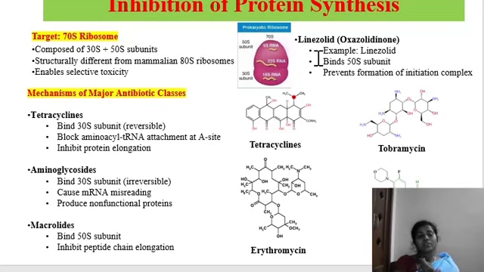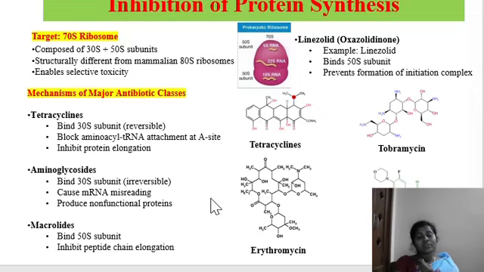Now, some of the examples are tetracyclines, aminoglycosides, macrolides, linezolid. All these are examples of protein synthesis inhibitors. When we talk about the tetracyclines and aminoglycosides, they bind with the 30S ribosomal unit in a reversible and irreversible manner.